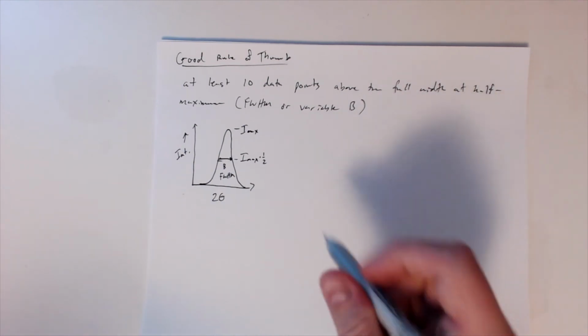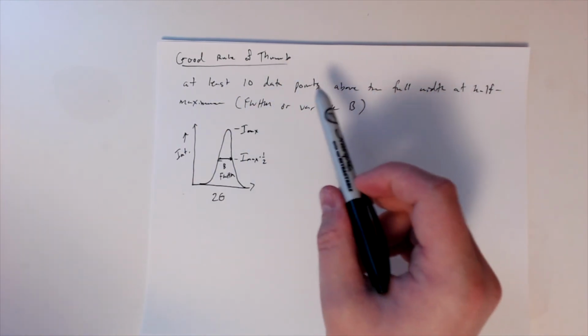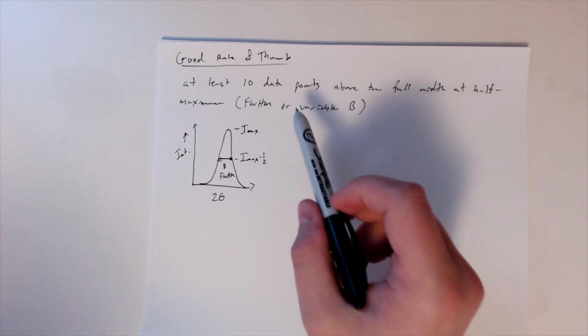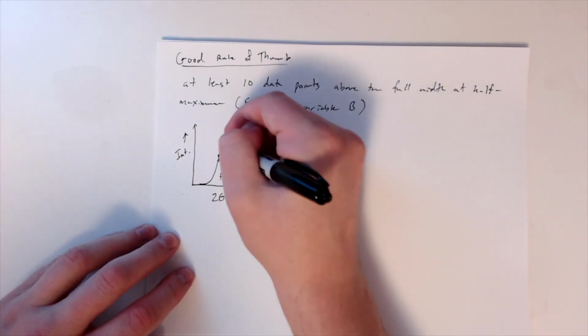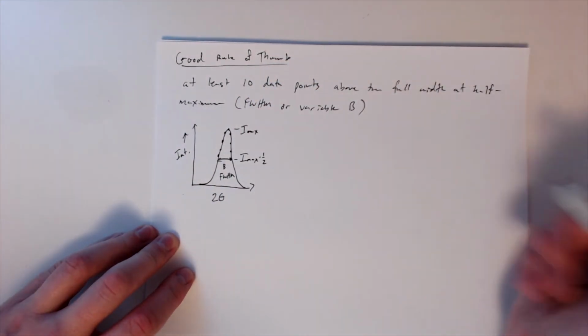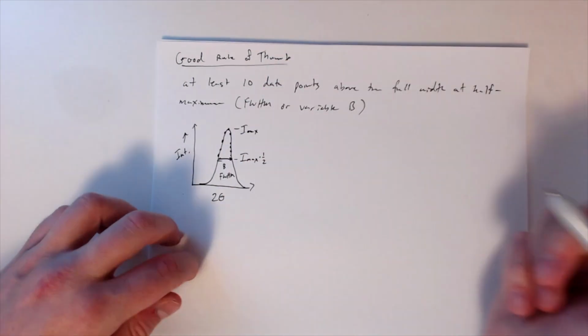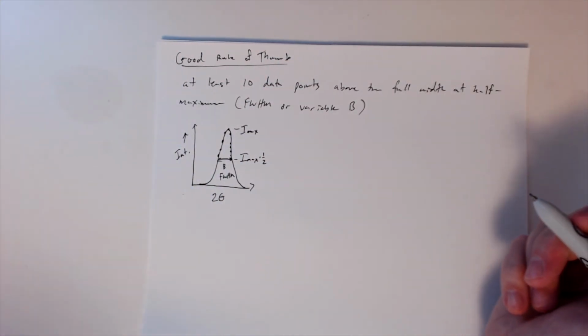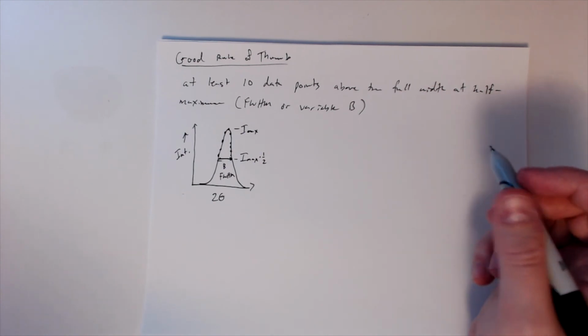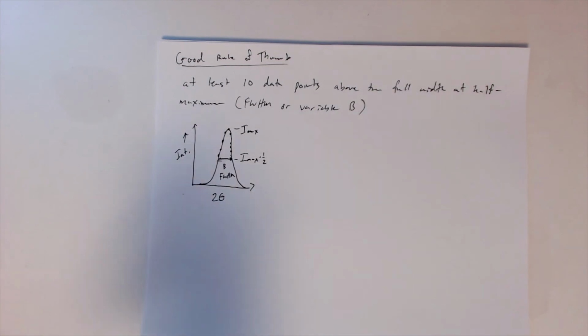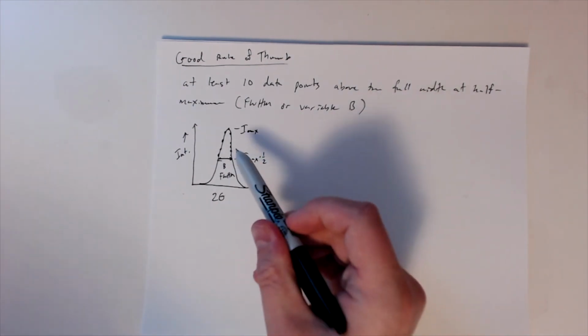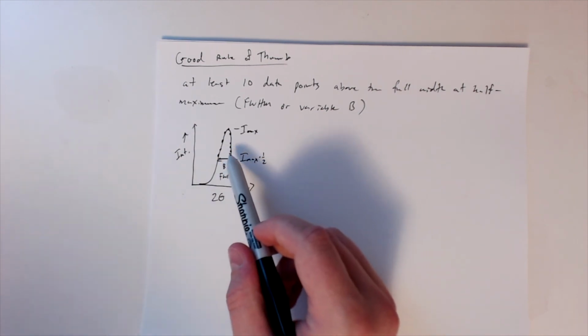So for this rule of thumb for our step size and width, we want to make sure that we have at least 10 data points above this full width half max. So we want to have an appropriate amount of data points. That's what we're talking about in terms of this rule of thumb. You don't really know this until after you've run the experiment.